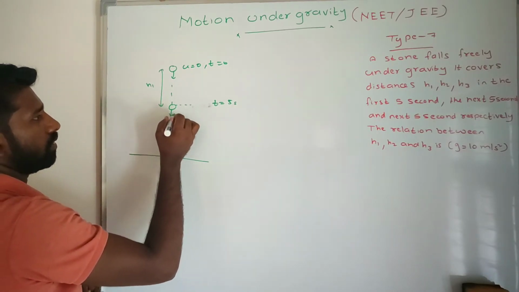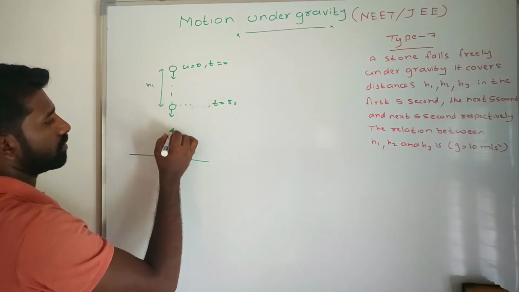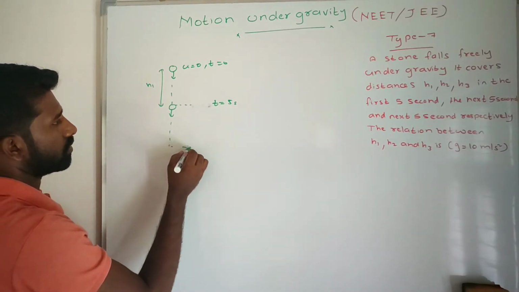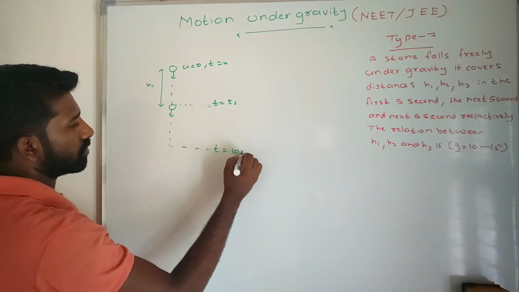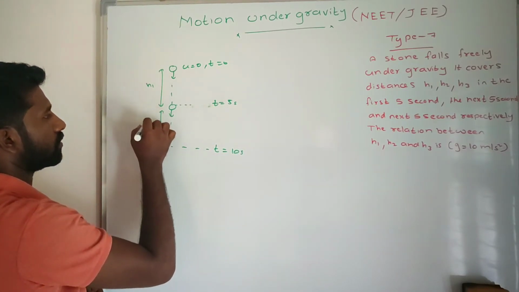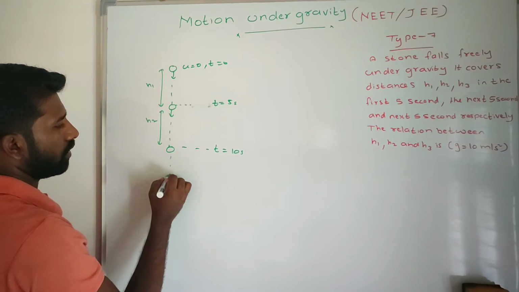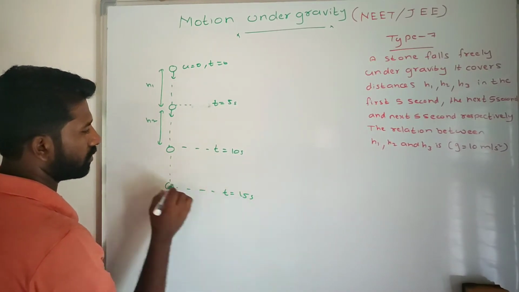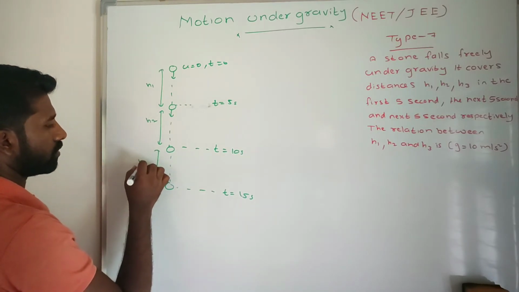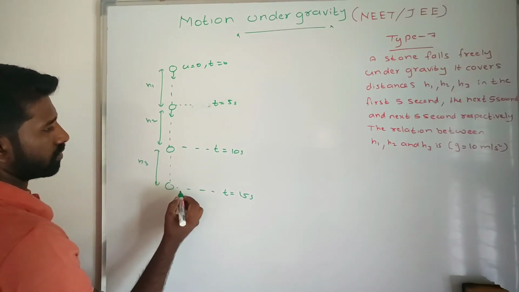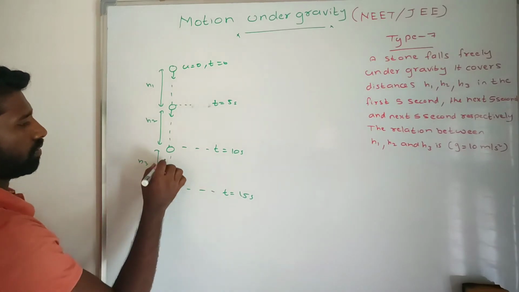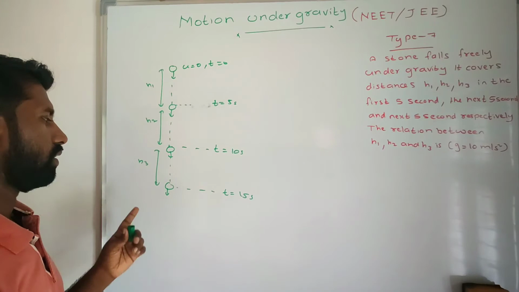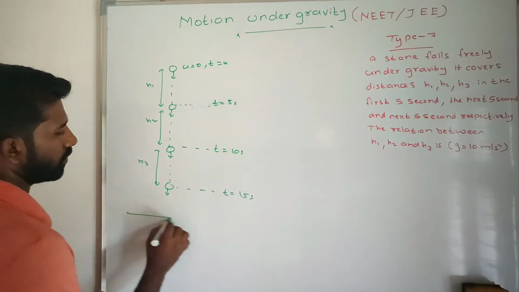Again after 5 more seconds, now it is 10 seconds, the distance covered is h2. Again after another 5 seconds, now the time is 15 seconds, the distance covered is h3. This is the setup. We need to find the relation between h1, h2, h3.